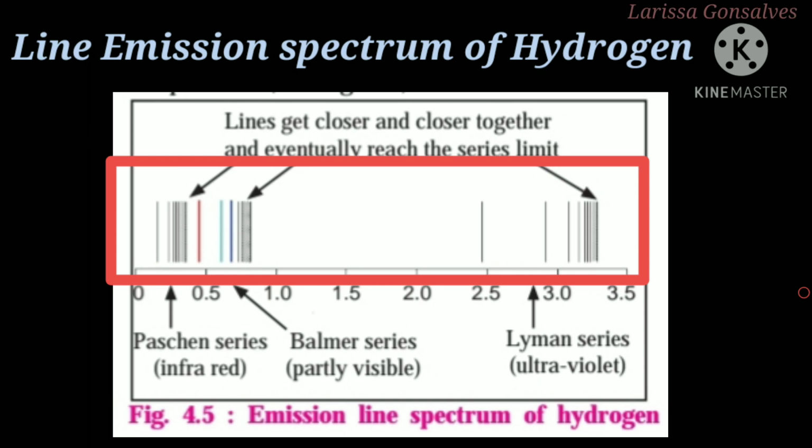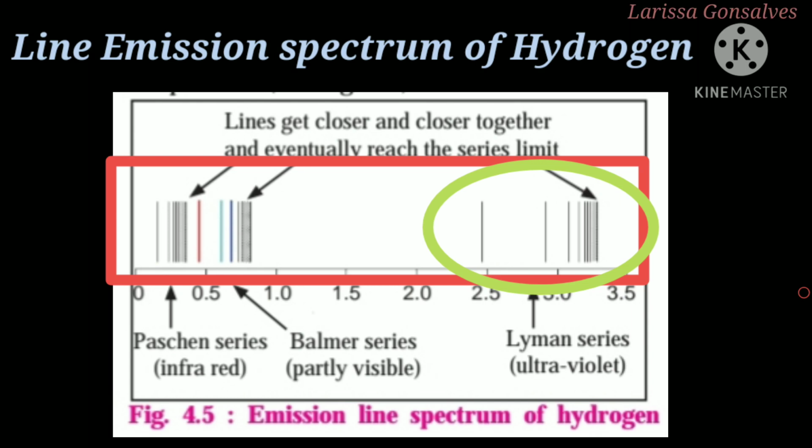Here is a picture which shows the emission line spectrum of hydrogen. You can see that the lines get closer and closer, then a space comes, and then again the lines start to appear.